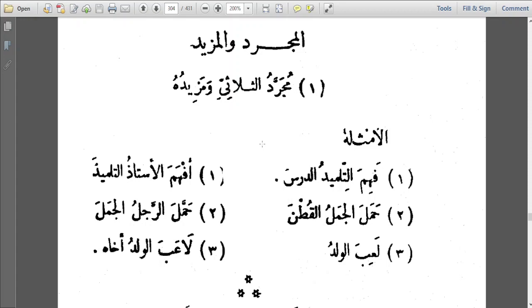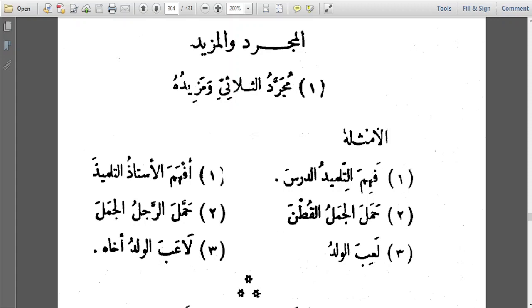So when you have the مجرد الثلاثي, it means that you can add another letter to make it 4. You can add an additional letter to make it 5, and then you can add 3 letters to make it a 6-lettered verb. Now when addition reaches 6, you stop there. In some other books you find examples of 7-lettered verbs, I think. But basically it should take us to 6-lettered verbs.